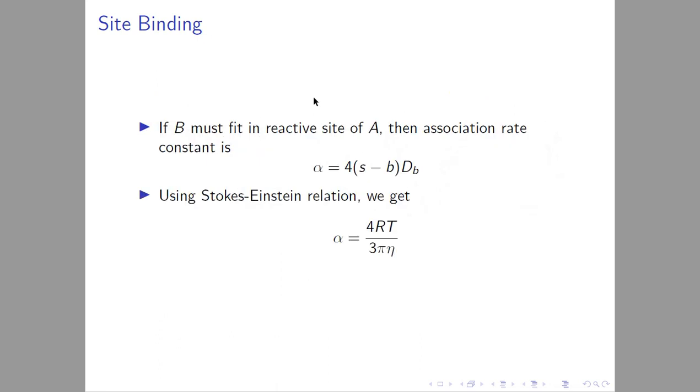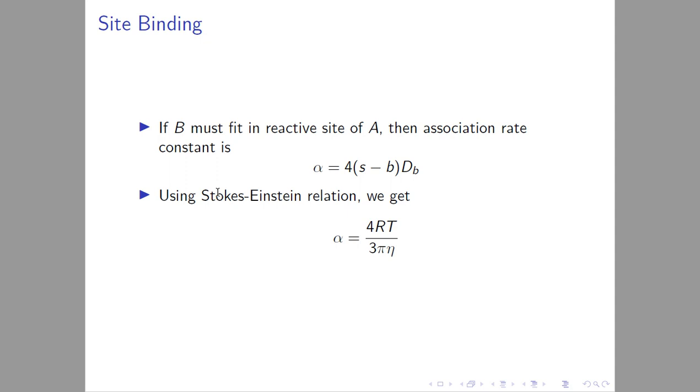Okay, and if B must fit in the reactive site of A, then the association rate constant must be alpha equal to 4 pi (s minus b) D_B. So if s equals b, it will not fit. B must be less than s in order for the ligand to enter the reactive site or the binding site.